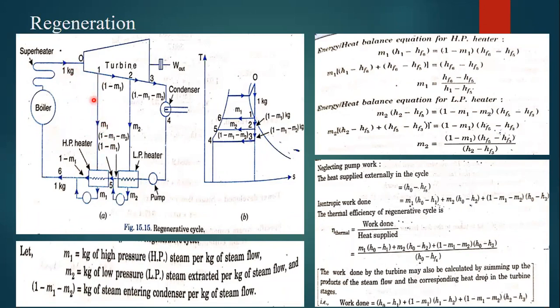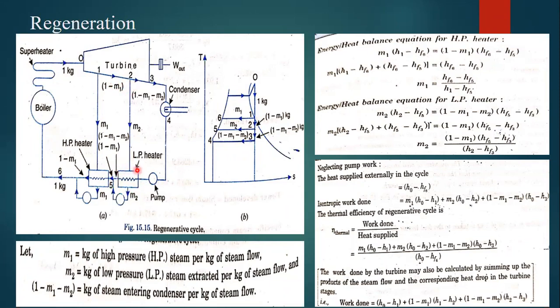Let m1 kg of steam be taken after expansion within the turbine from the 1 kg of steam. So m1 kg of steam has been extracted to utilize, right? How much steam are we left with after this extraction? We are left with 1 minus m1 kg of steam, because m1 kg has been extracted from 1 kg.